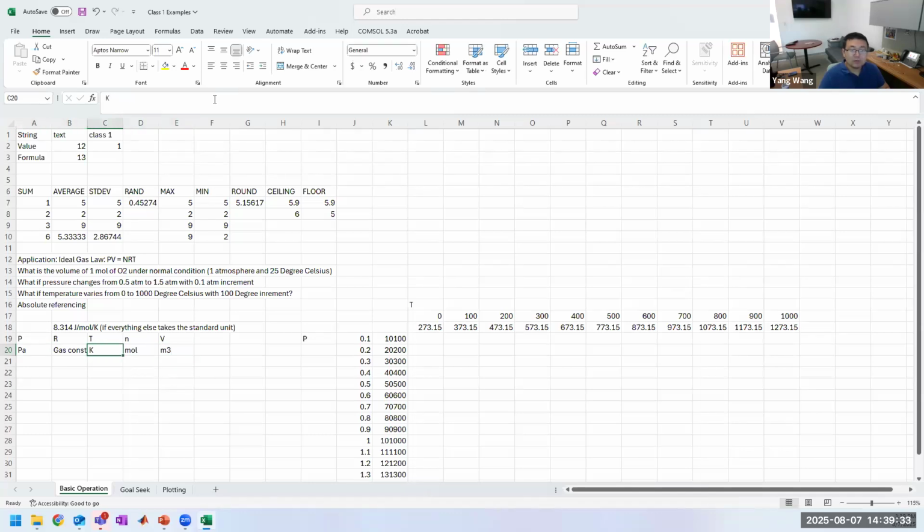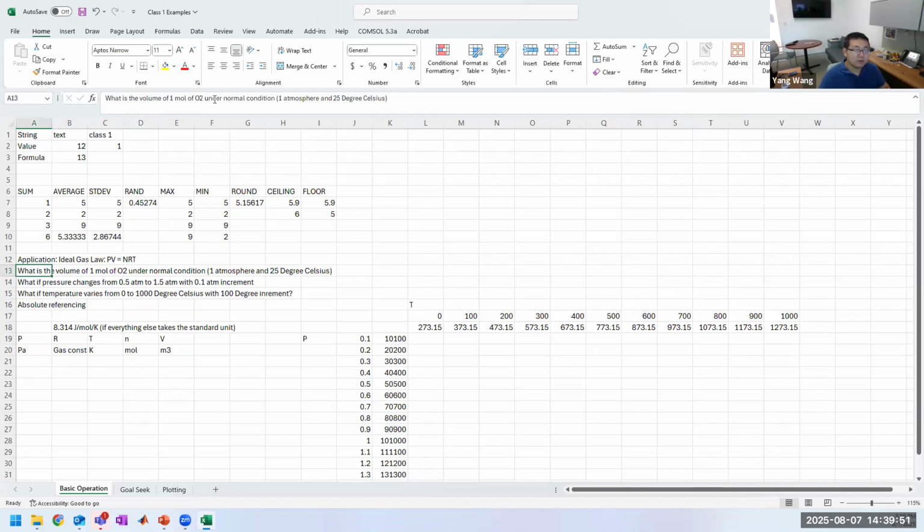Okay. So using this relationship, we can do the conversion of any number of moles or any temperature, pressure, or for example, calculate the volume, calculate the pressure, and so on and so forth.